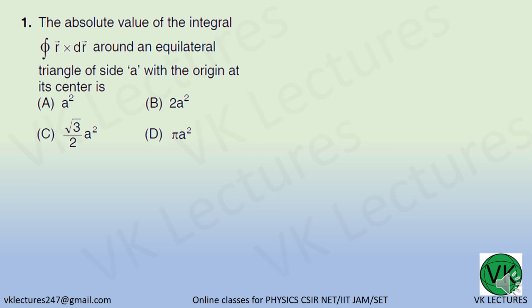The absolute value of the integral r cross dr around the equilateral triangle of side A with the origin at the center is... So now let's say the closed integral over any curve, r cross dr. So this is around an equilateral triangle.